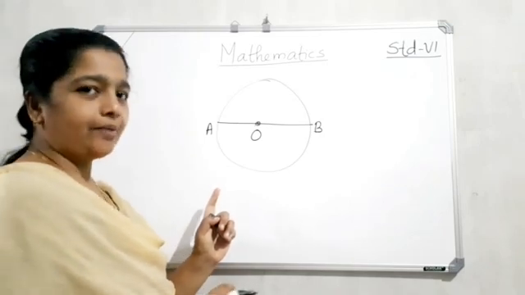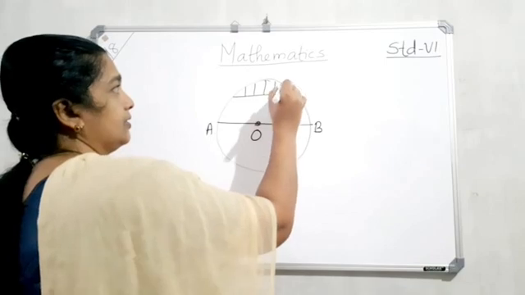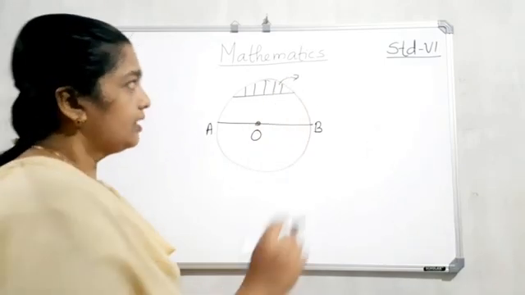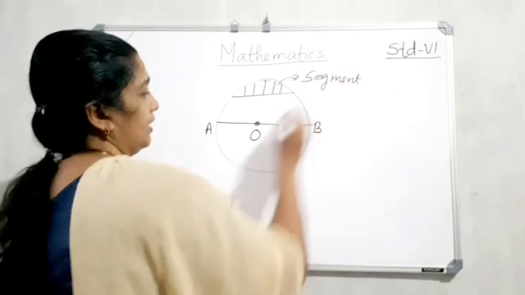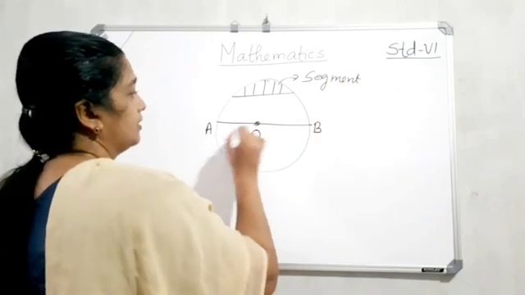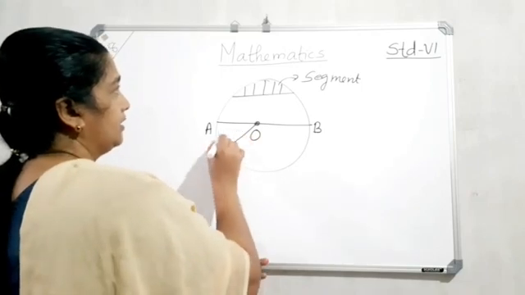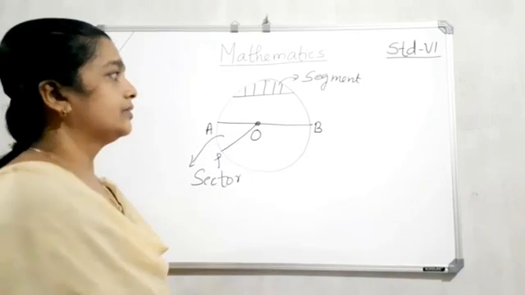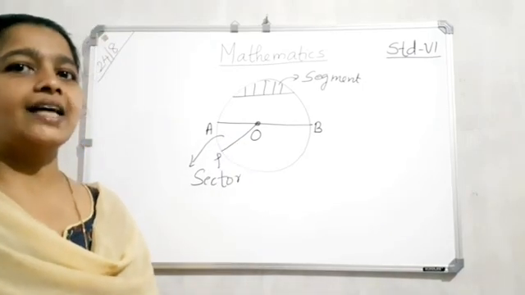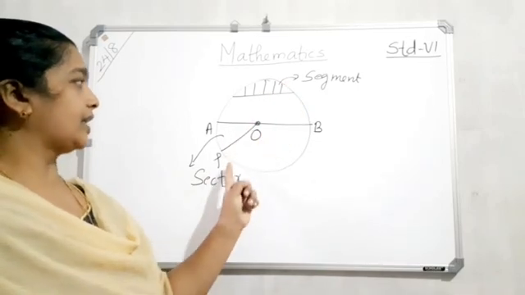Next, the segment and sector you want to draw and represent. So this portion is the segment. Here another point P. This portion is the sector. Understand? Draw any circle and represent the center, radius, segment, sector, etc.